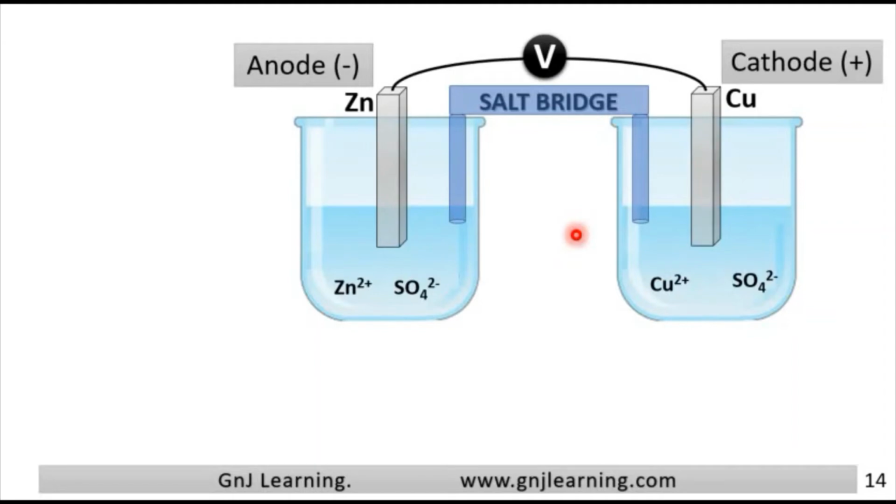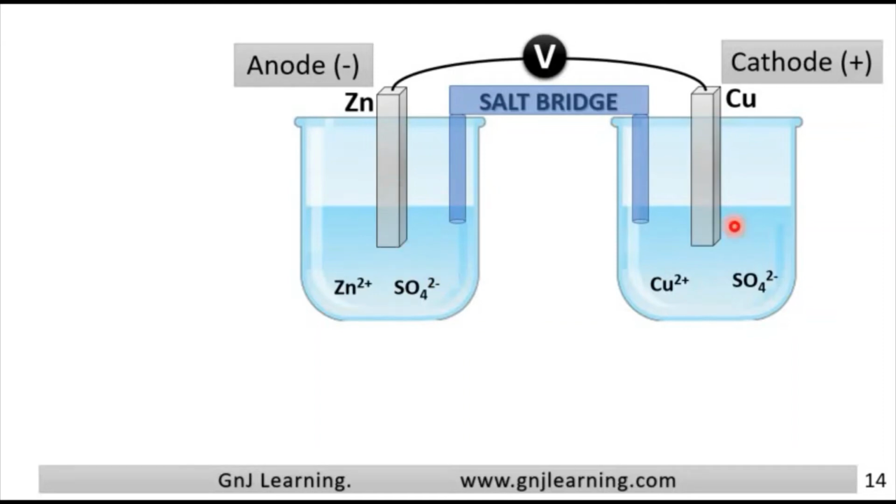In this electrode we have two species, one is the electrode and the other one is the electrolyte. Similarly, in the anode also we have electrode and electrolyte. If you want to standardize, that means the concentration of both electrode and electrolyte must be 1 or unity.